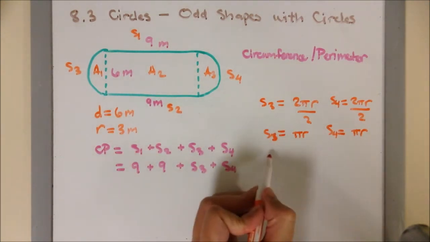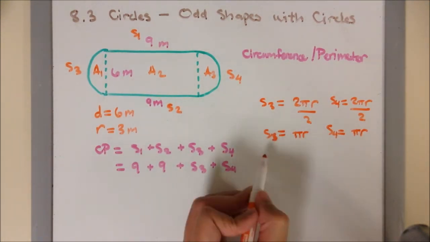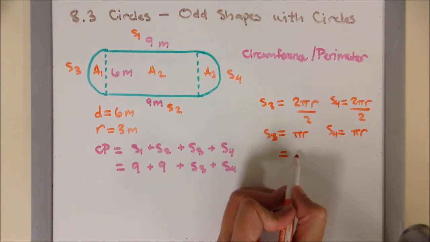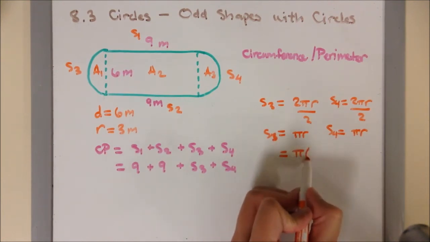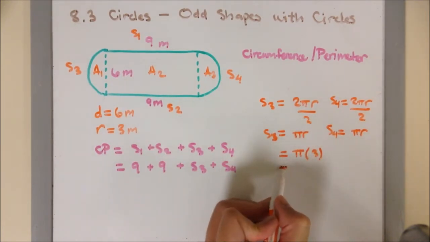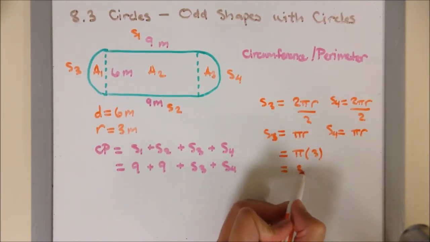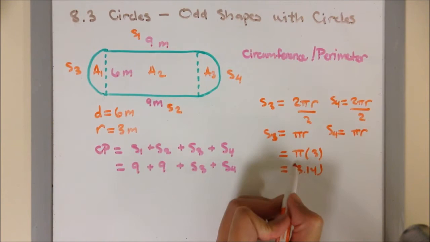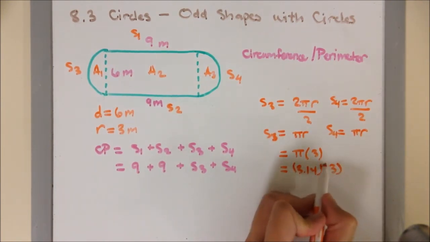Alright, so let's do pi times r. So I'm going to do this. Pi times my r is 3. So basically it means 3.14 times 3.